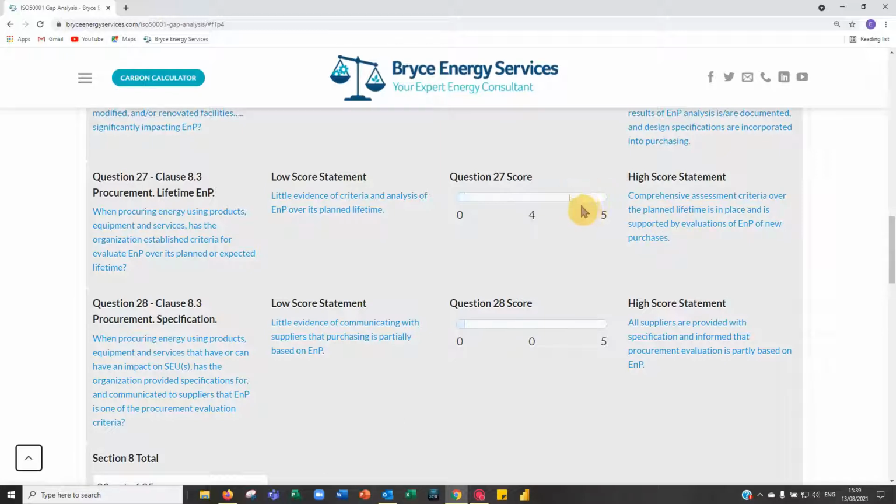Yeah, when you buy stuff, it can't be the cheapest. Can't be the cheapest over 3 years. It has to be the most energy efficient over the expected lifetime of that piece of plant or machinery. So, trivial example, if you're buying a new machine for turning metal, is that machine the most efficient over the next 20 years?